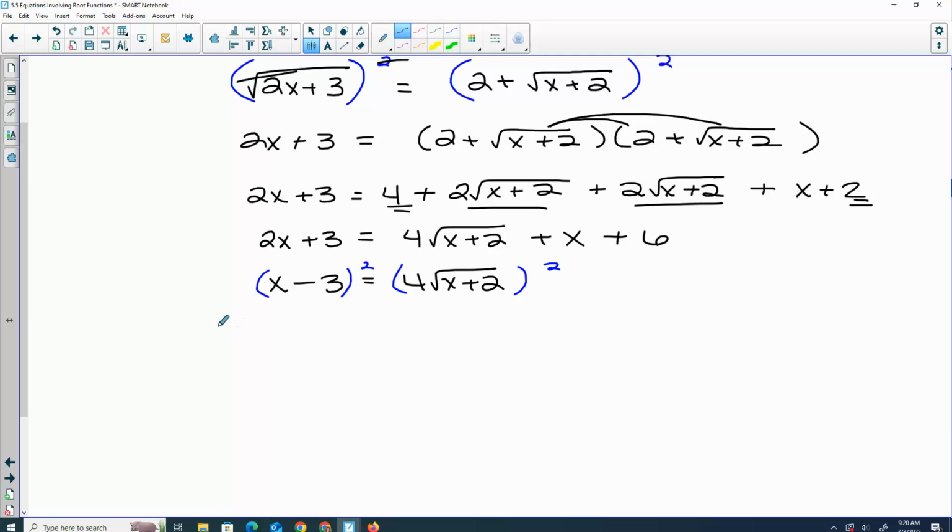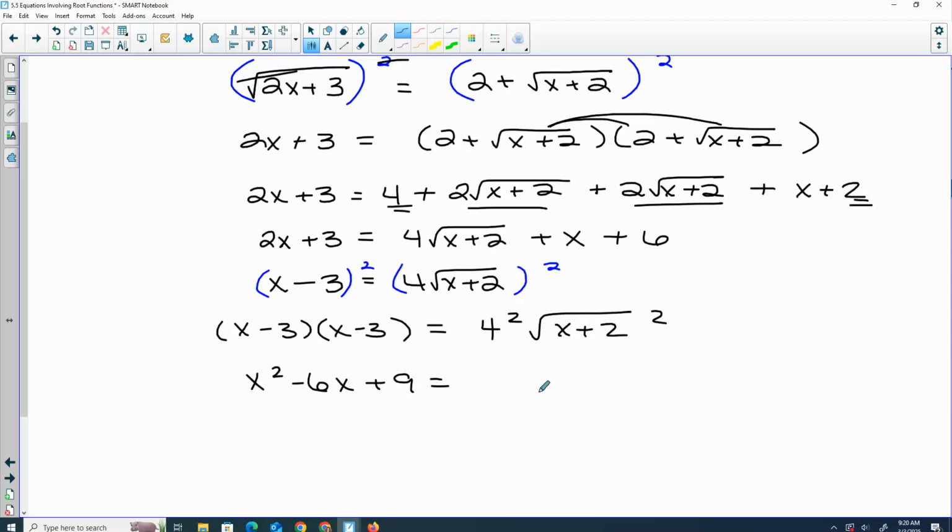So when I do this, on the left, it means you have x minus 3 two times. On the right, you have to square the 4 and square the square root. x squared minus 6x plus 9 equals 16 times the x plus 2.